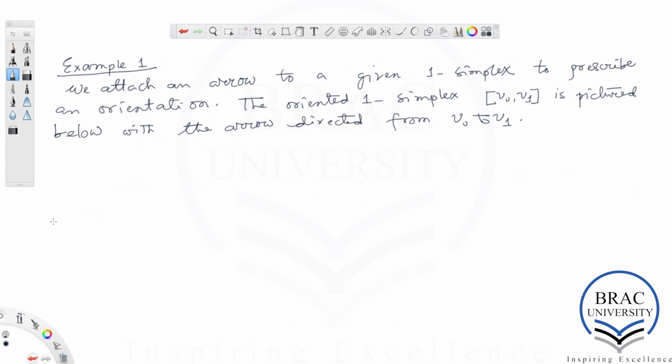Here are the two vertices v0 and v1. We draw an arrow from v0 to v1. So this arrow is going to represent the oriented one simplex v0 v1.